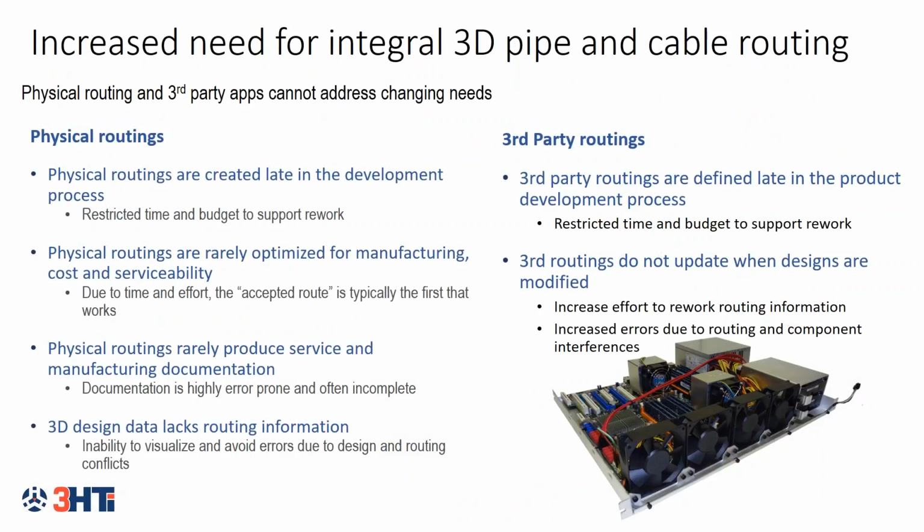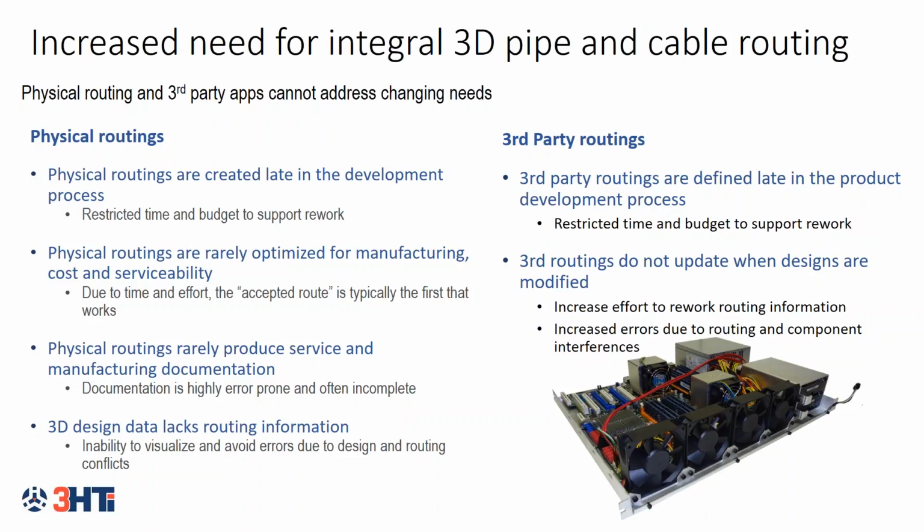Now, without the piping and cabling design extension, designers and engineers are relying on physical routings or third-party solutions. Physical routings must be created late in the product development process, after physical prototypes are created. Routings are defined too late to accommodate rework and design changes, and as a result, companies that create physical routings are rarely able to optimize manufacturing, cost, and serviceability.